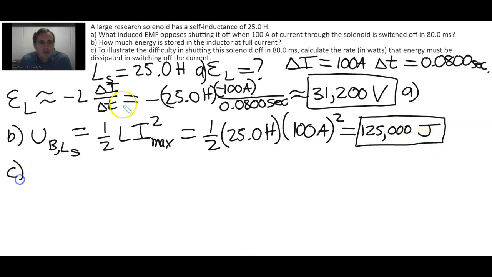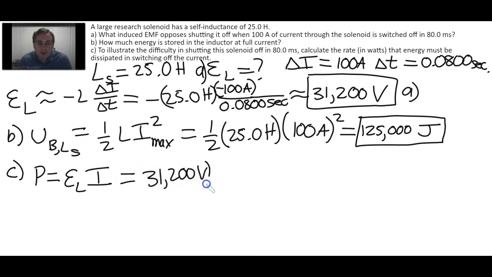Now part C, it says, how much power does this thing dissipate? Well, power is the same thing as voltage times current. So that's the EMF that it requires to shut this off times the current. So we can just multiply those: 31,200 volts times the current of 100 amperes.